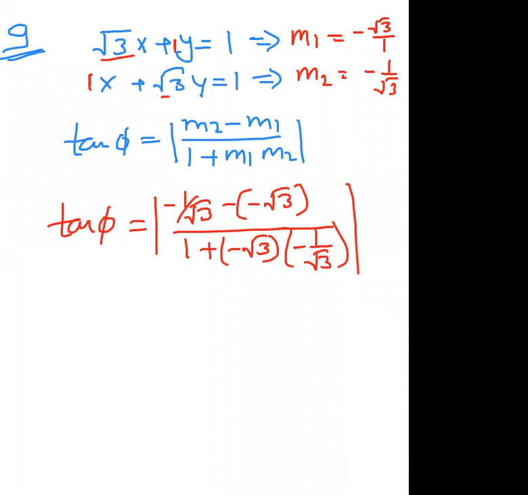Now the simplification part you could do, you have to calculate the value of phi. So again, this will be the calculation part for you. At least calculations you could do. Next question.